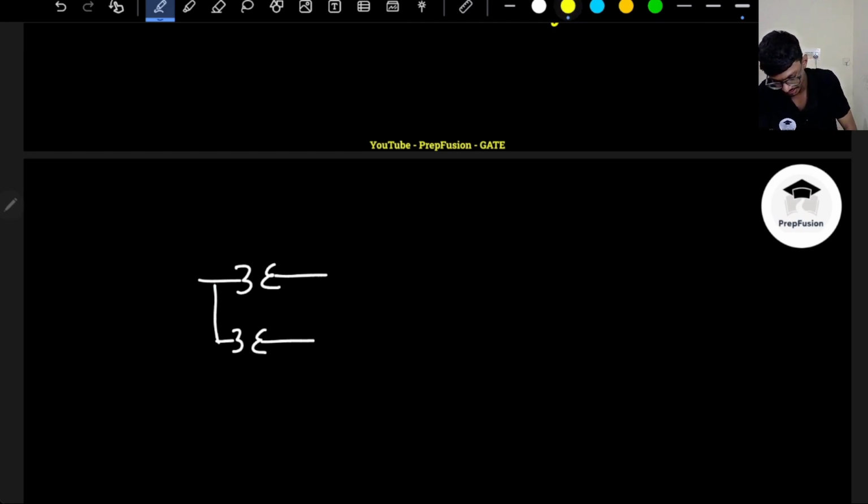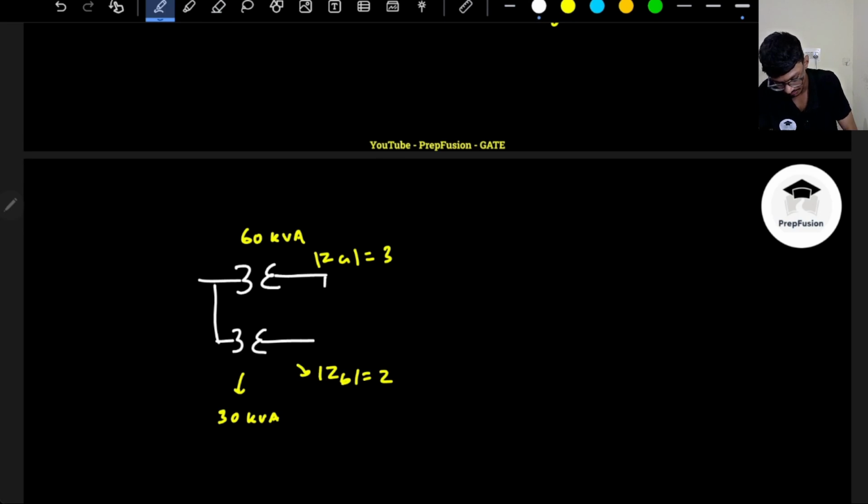This transformer is rated for 30 kVA, let's say, and this transformer is rated for 60 kVA. Now let's say the leakage impedance ZA is 3, and here let's keep ZB equal to 2.